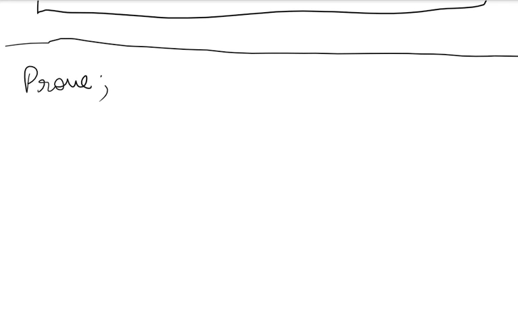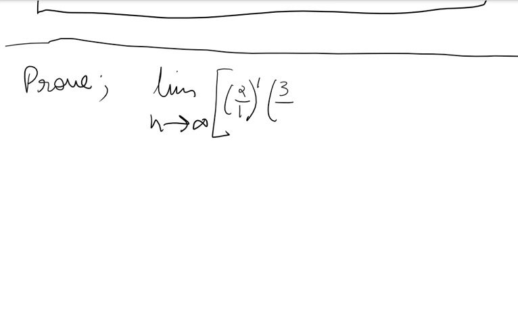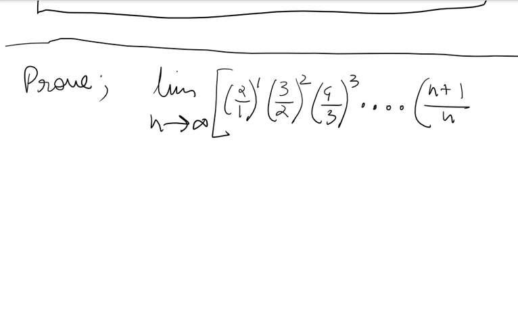It's a question, so check out how I am doing it. Prove that limit n tends to infinity of (2 by 1 to the power 1, 3 by 2 to the power 2, 4 by 3 to the power 3, ..., n plus 1 divided by n to the power n), whole thing to the power 1 by n, is equal to e.